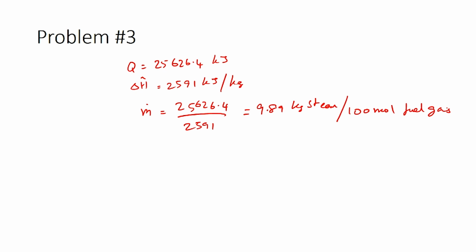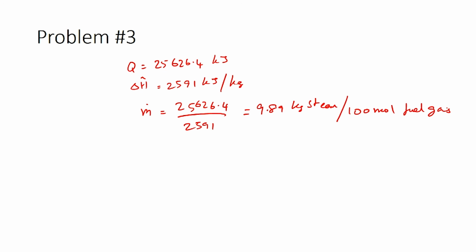The final part of the problem requires us to calculate the rate at which fuel gas must be burnt to produce 1500 kilograms of steam per hour. We already calculated that 9.89 kilograms of steam can be produced per 100 moles of fuel gas.